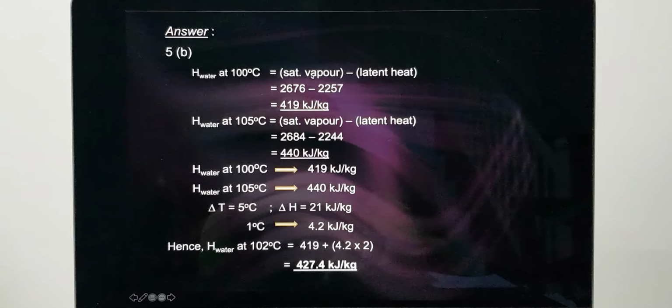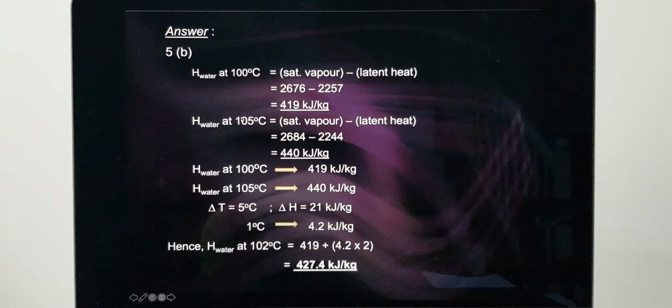Saturated vapor at 100 degrees Celsius is 2676. Latent heat of evaporation HFG at 100 degrees Celsius is 2257. So you will get the value of HF at 419 kilojoule per kilogram. Then move on to HF at 105 degrees Celsius. Why do I need to calculate the HF at 100 and 105 degrees Celsius?